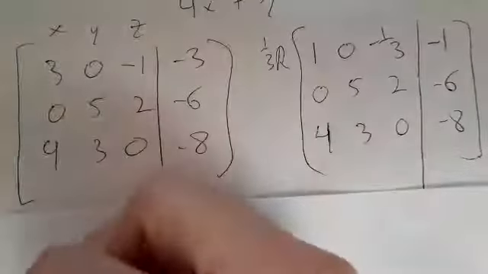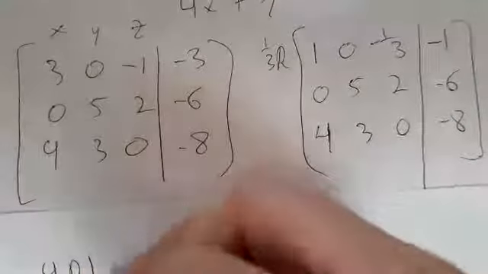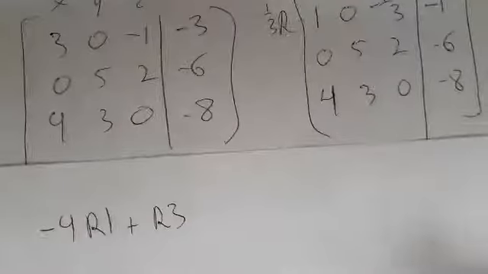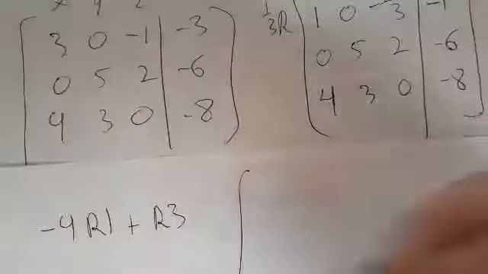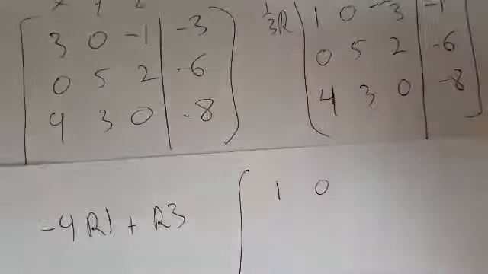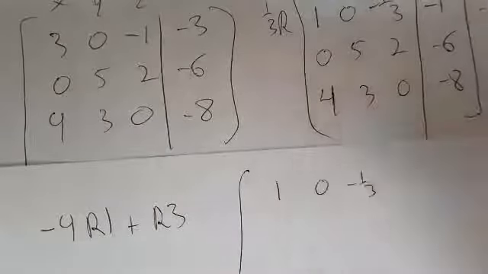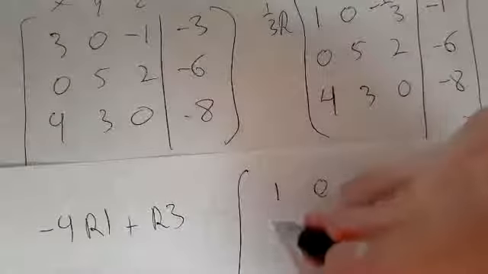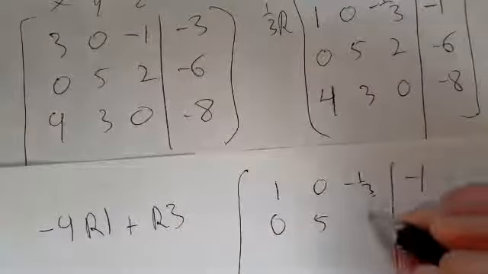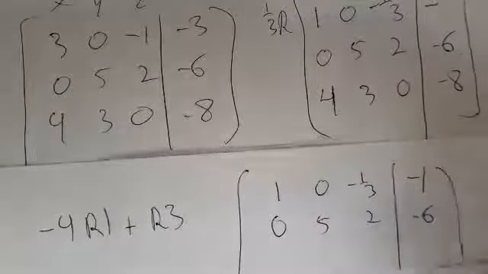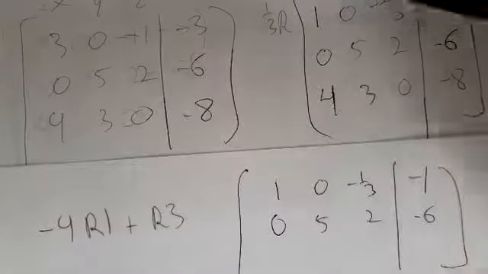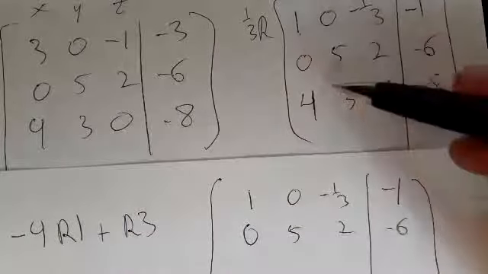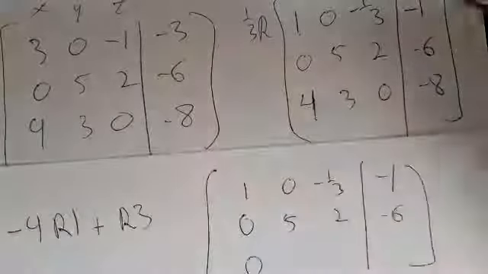So minus 4 times row 1 plus row 3 is going to give me my new row 3. Rows 1 and 2 stay the same: 1, 0, minus 1/3, and 0, 5, 2, minus 6. And this is the one I'm doing now. Minus 4 times this 1, plus 4, gives me the 0.